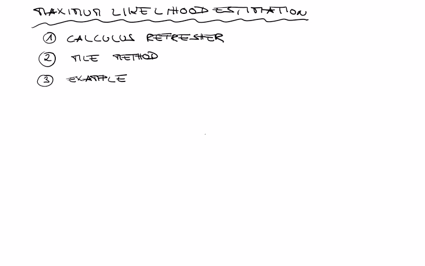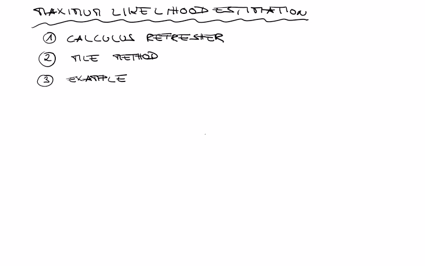So why do we have to do this calculus refresher? Well, the main reason is that maximum likelihood estimation implies that we maximize a function, so that we find the maximum of a function.